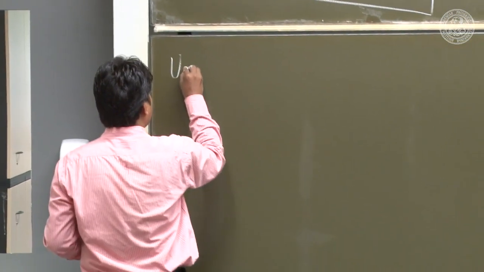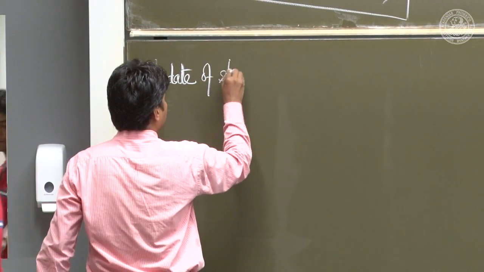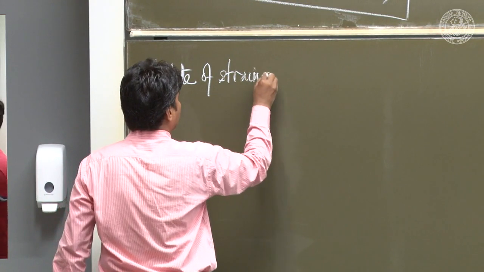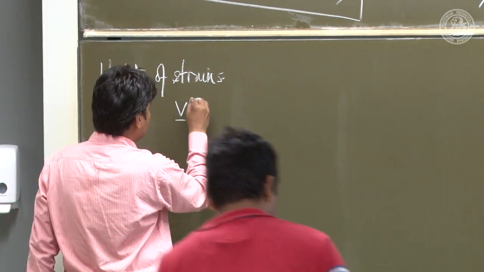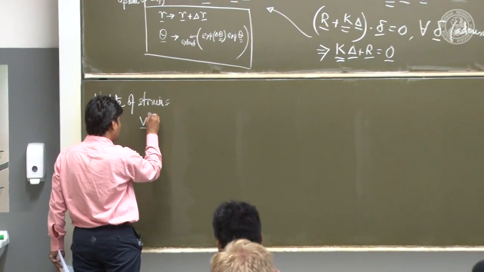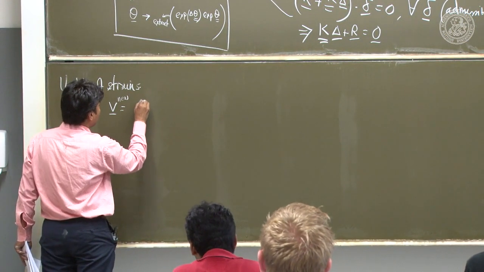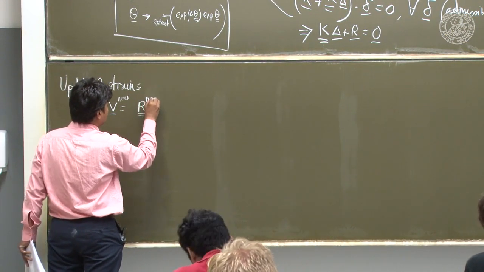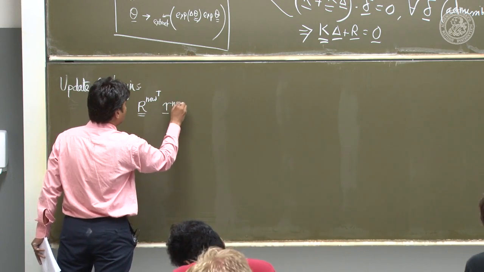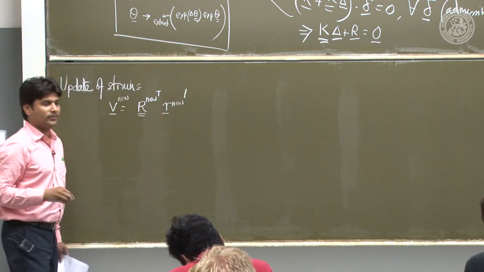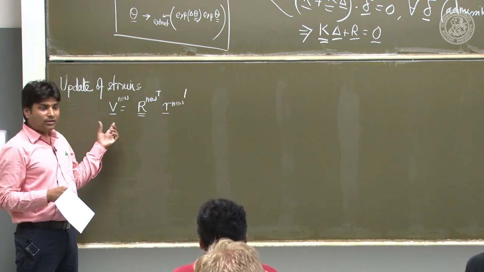Okay, so update of strains. The new strain vector V would be the new rotation transpose times the new little r prime, and you have to get them at the quadrature points.